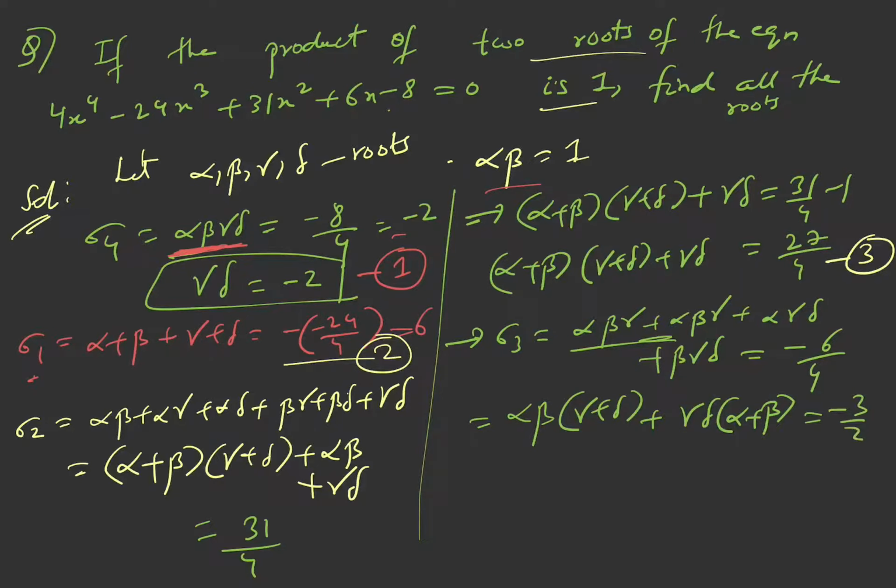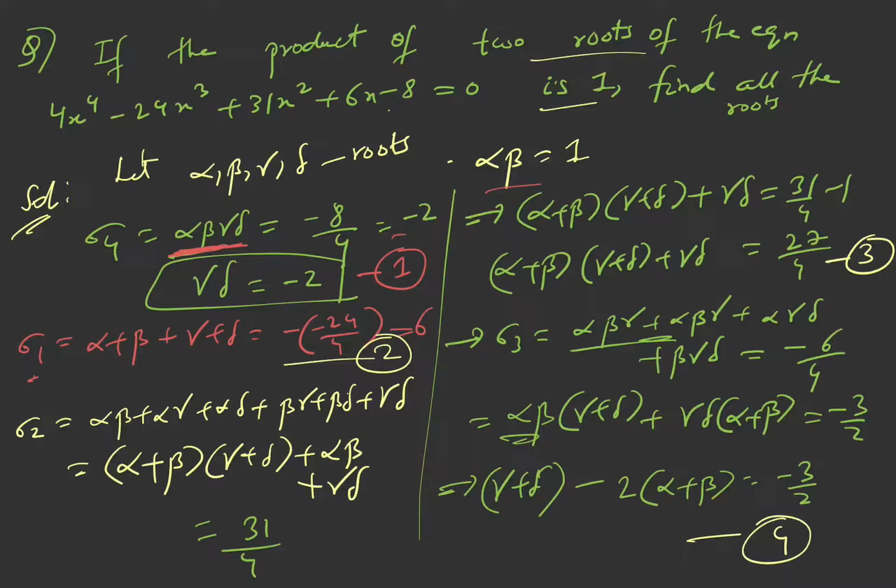This is minus 3 by 2. Fine. But alpha beta is 1, so this means that gamma plus delta plus gamma delta is minus 2, right? Gamma delta is minus 2, so minus 2 into alpha plus beta, this is equal to minus 3 by 2. So let us call this equation number 4.